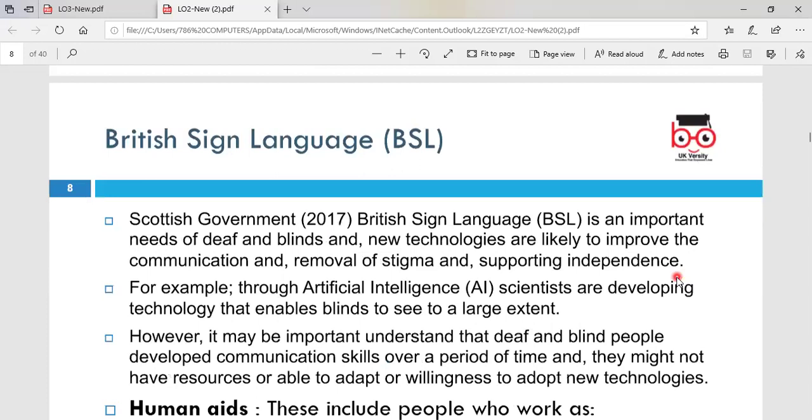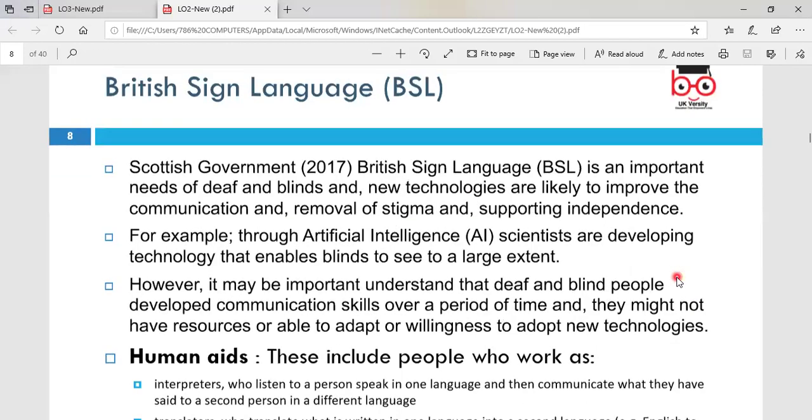We have British Sign Language, which is used for people who have impairments. So making use of AI has shown that it has enabled people who are blind to see to a large extent. But this requires a lot of time and a lot of intelligence in this AI method.